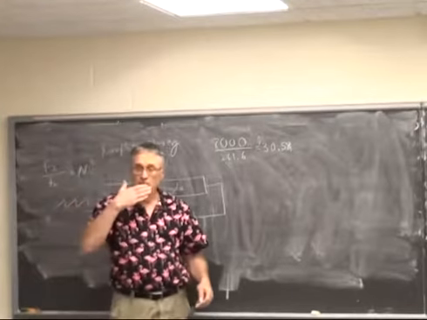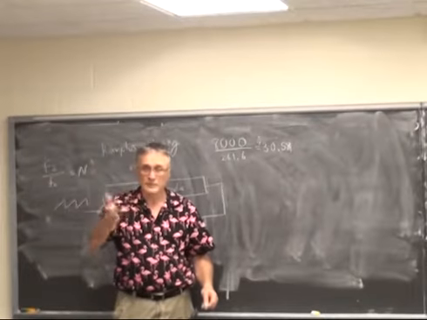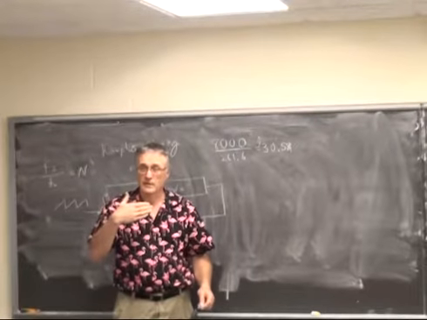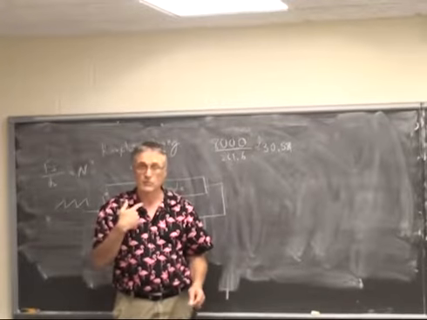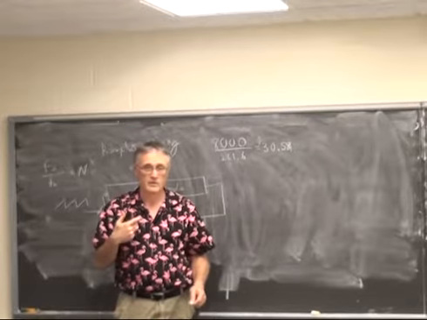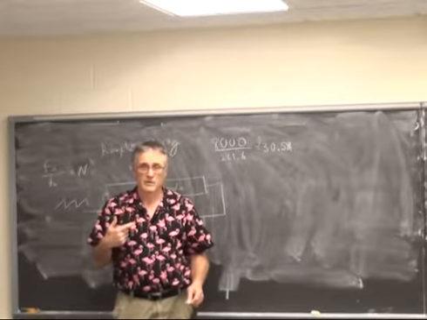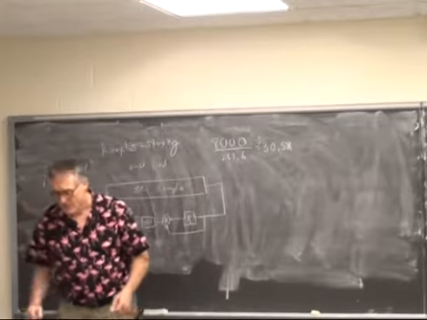A reed lets air through. It's a relaxation oscillator. Bangs shut, lets air through. Bangs shut again. And so you tend to get a sawtooth-like waveform, which is, by the way, what your vocal cords produce also. Although I'm not sure mine today are producing a sawtooth. But we'll see.